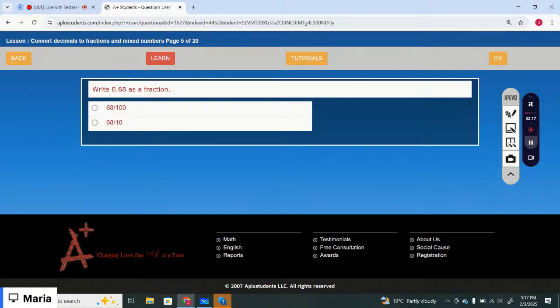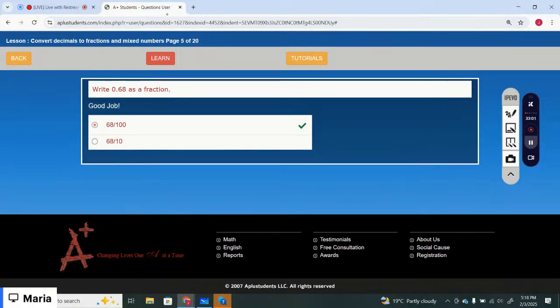Write 0.68 as a fraction. So which is the correct option? That is 68 over 100.